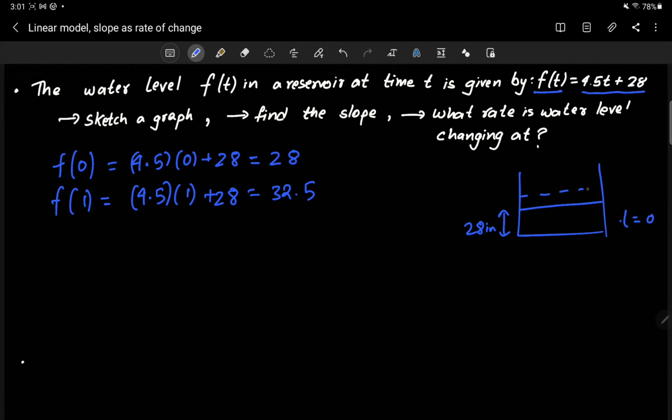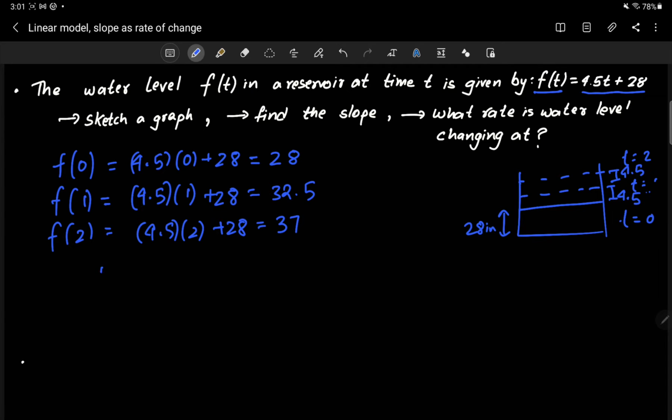So at t equals 1, it went up by 4.5 inches. Then f of 2 is 4.5 times 2 plus 28, which is 37, which means at t equals 2, it went up again by 4.5. So that's what is going on here.